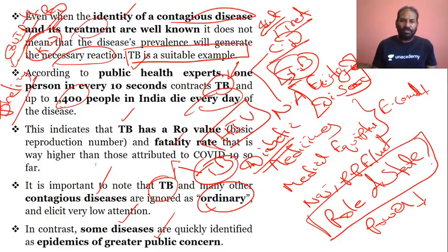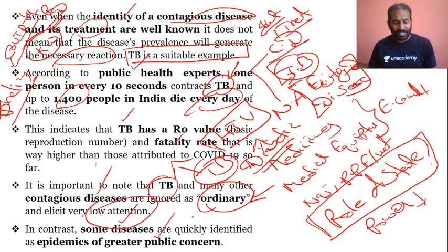But you do not know that more Indians die because of TB and diabetes, and that is what we have to start learning: not only the government should focus on India's disease surveillance system, but individuals also should start focusing on which disease will be a lethal one, not only COVID-19 but already existing ones. We should not take it as ordinary, or have low attention towards those diseases. It is the need of the hour for everyone, not only for the government.